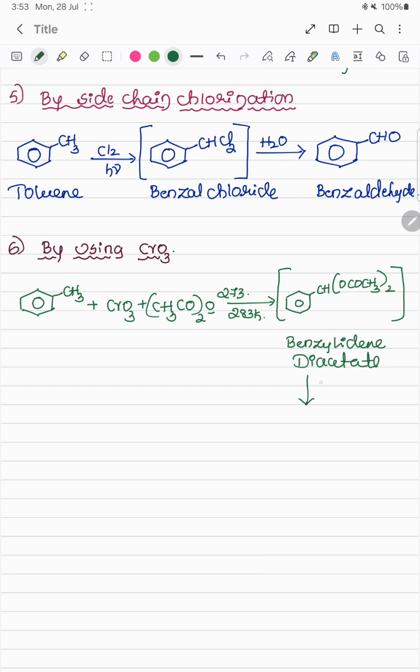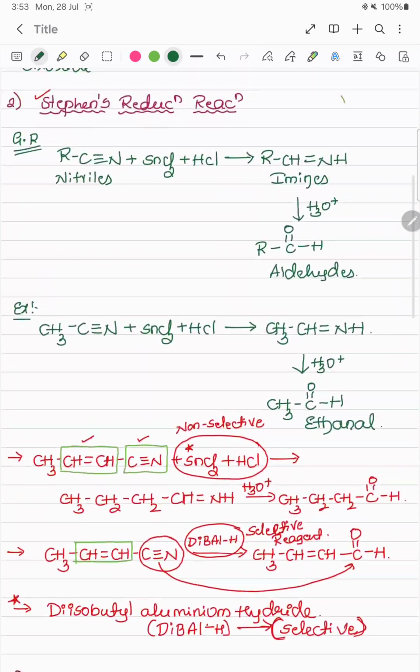This complex, when we hydrolyze by using H3O+, we are going to get benzene with CHO, nothing but benzaldehyde.